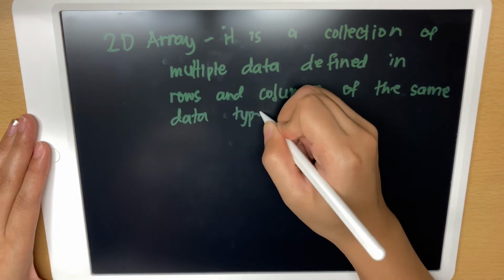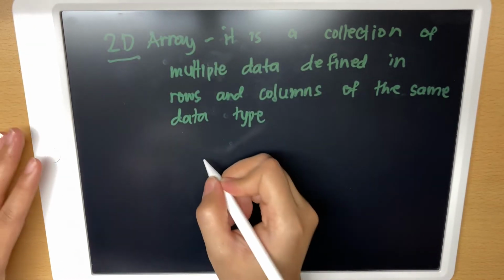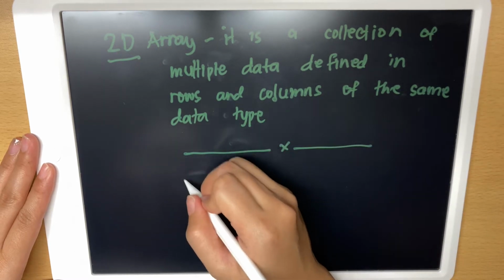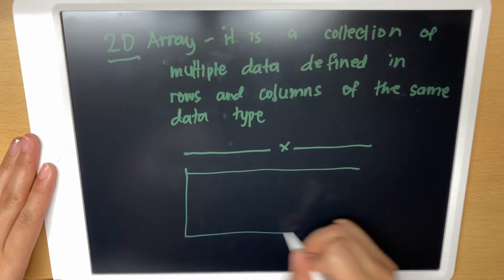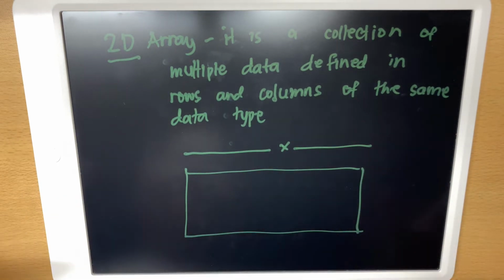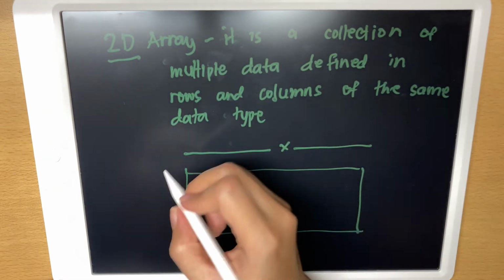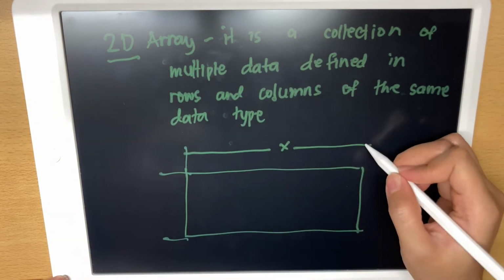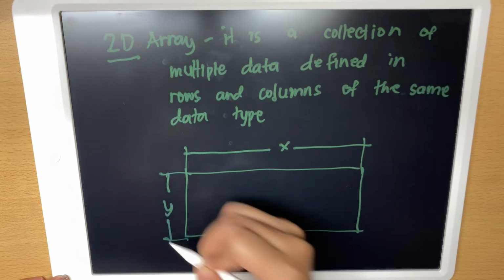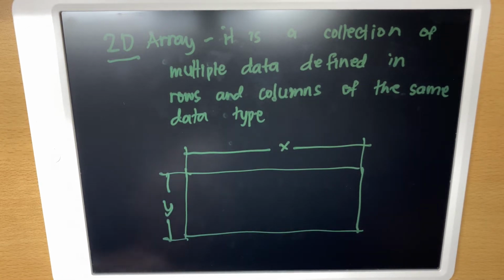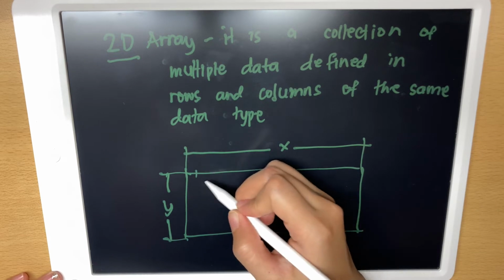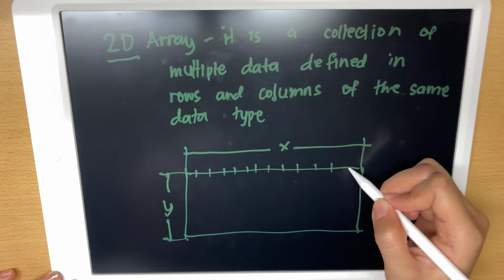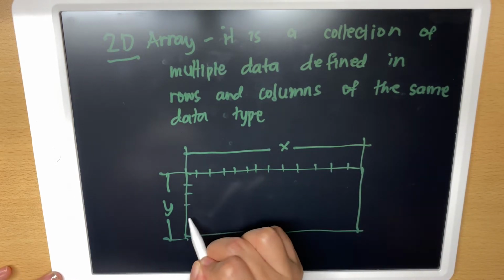What makes it 2D? It has 2 dimensions wherein, let's just say this is the X. So when we create the graph, this is a 2D. It's defined with the X, and we have here the Y. Usually it has the values of X and the values of Y's.